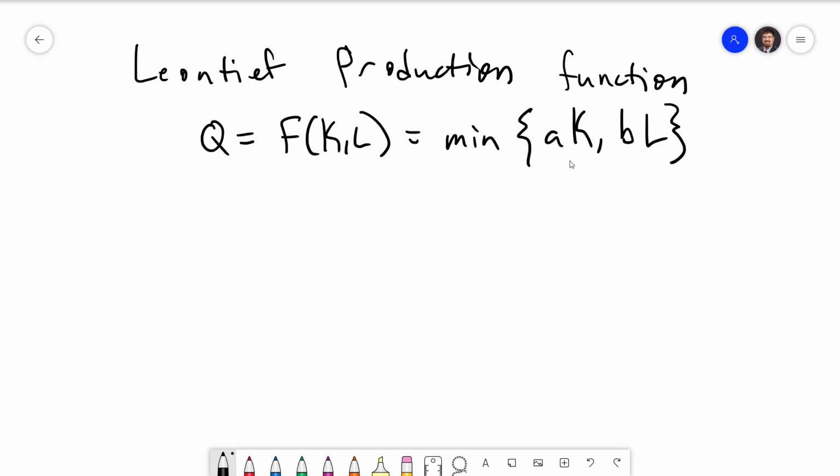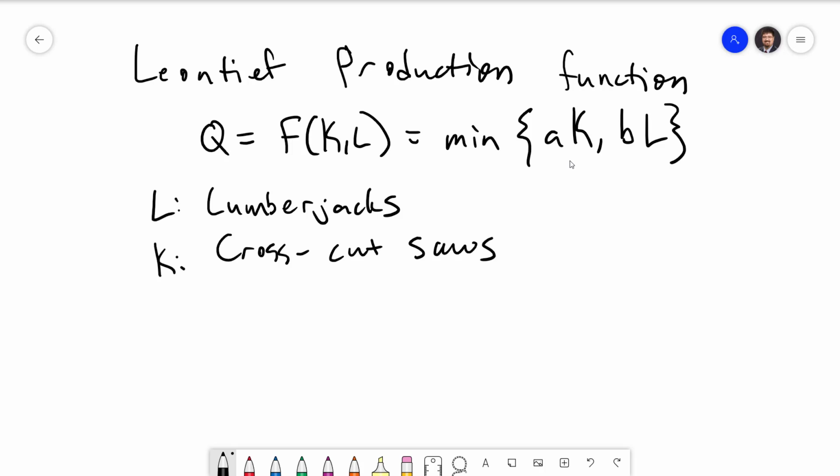This means that a ratio of B units of capital to A units of labor is always going to be the most efficient. If we go out of that ratio, we're always going to have some wasted inputs. Let's think about an example where we have a lumber company with two inputs, lumberjacks, that's our labor, and cross-cut saws, that's our capital.